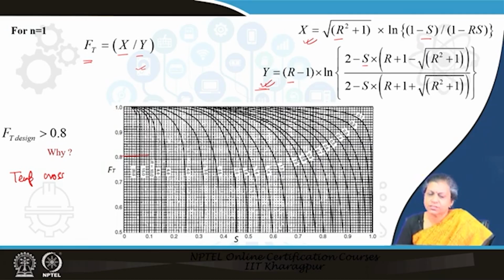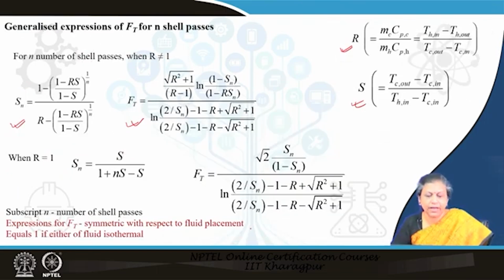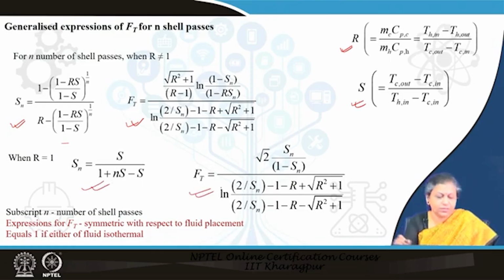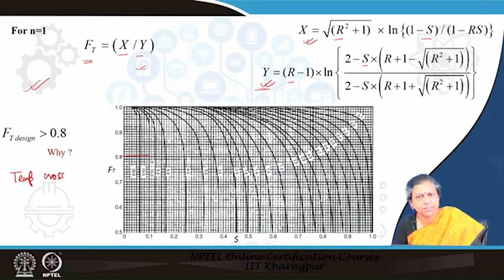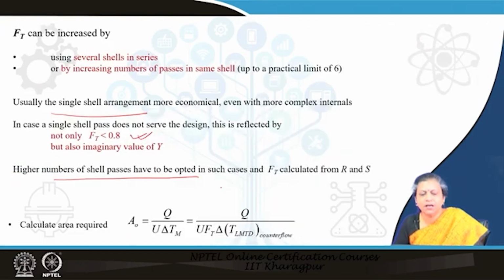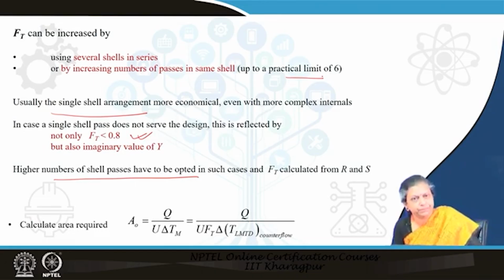So for a single shell pass, whatever has been discussed here suffices. Only when we have to go for multiple shell passes do we have to use the expressions mentioned here. And so for a single shell pass, you go for 2 tube passes, 4 tube passes, 6 tube passes, up to a practical limit of 6 passes.